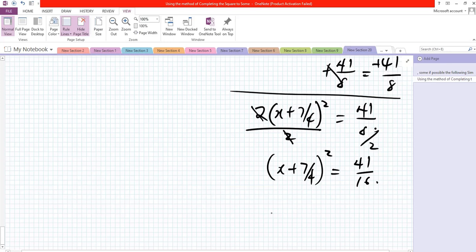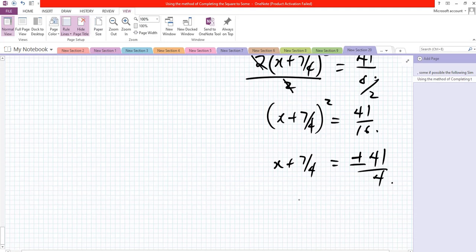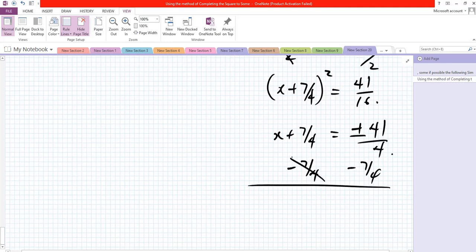Taking square root of both sides, you have x plus 7 over 4 equal to plus or minus square root of 41 over 4. Now if you add minus 7 over 4 to both sides, this will cancel out this.